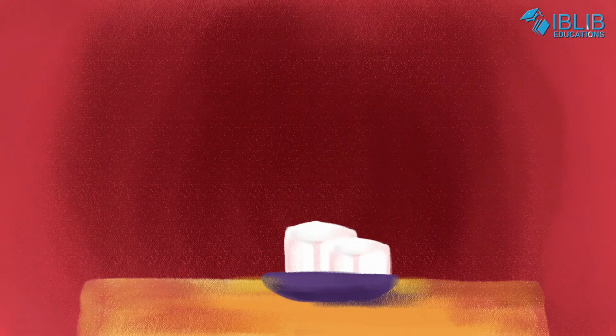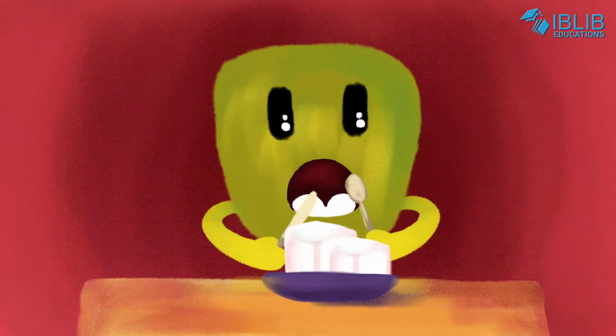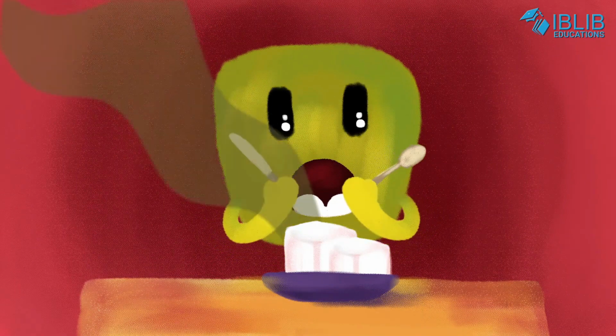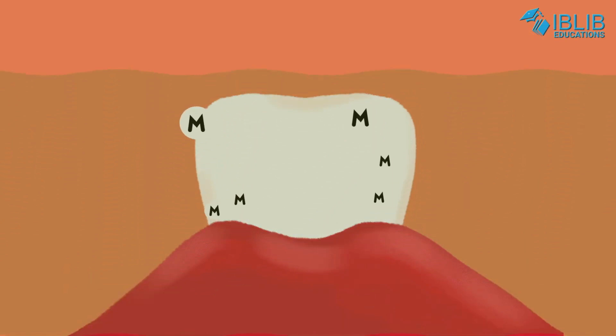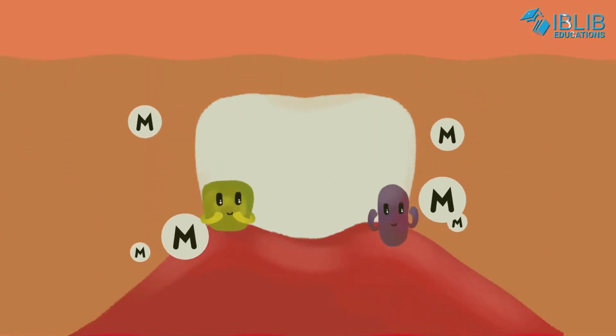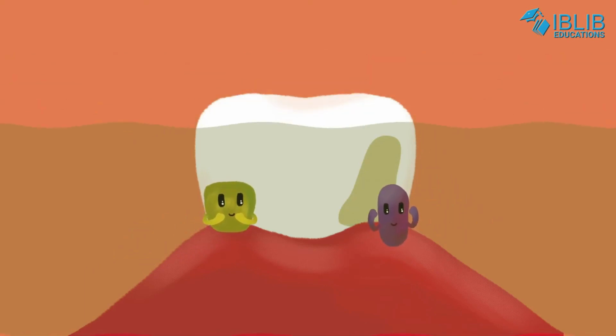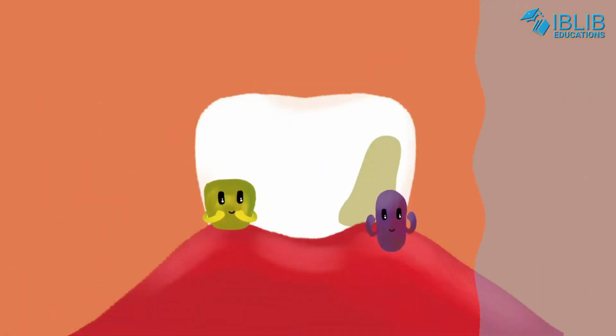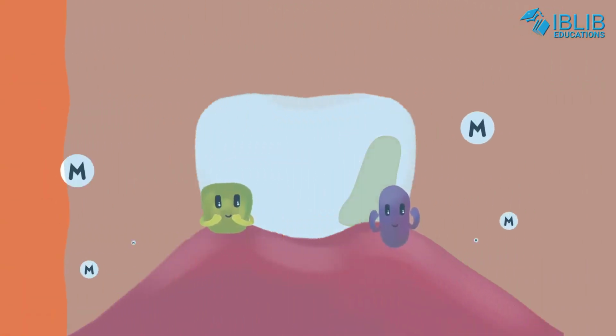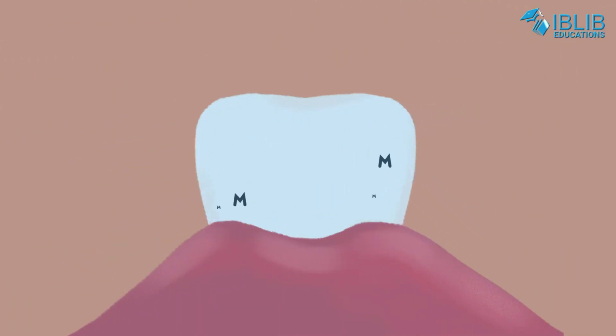Now, when we consume sugary products, some bacteria feed on the sugar, producing acids. This acid starts to dissolve the minerals very fast and causes tooth decay. Most of the time, our saliva restores the minerals.